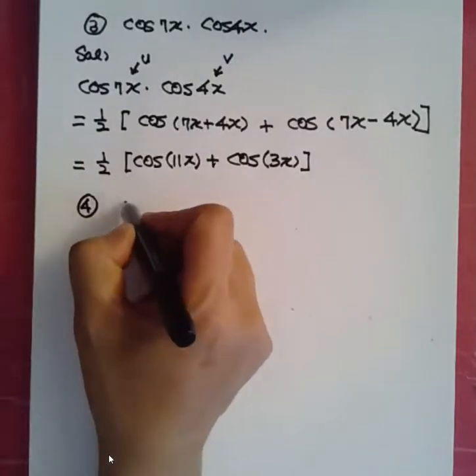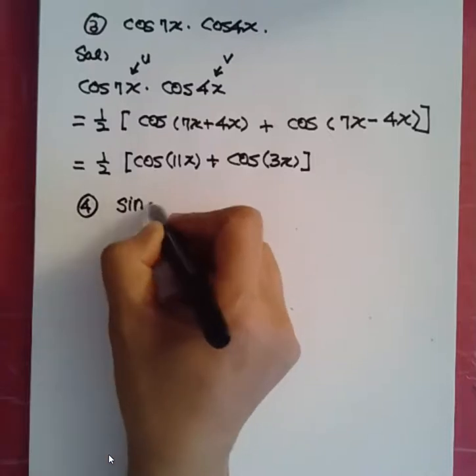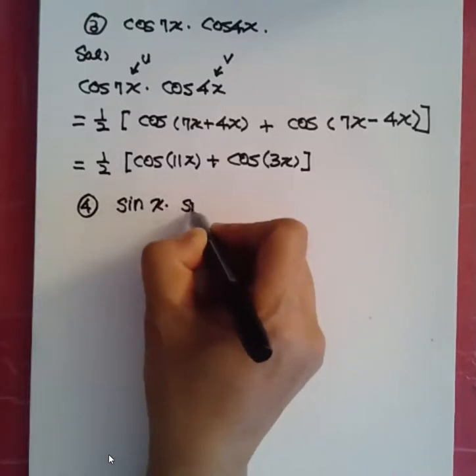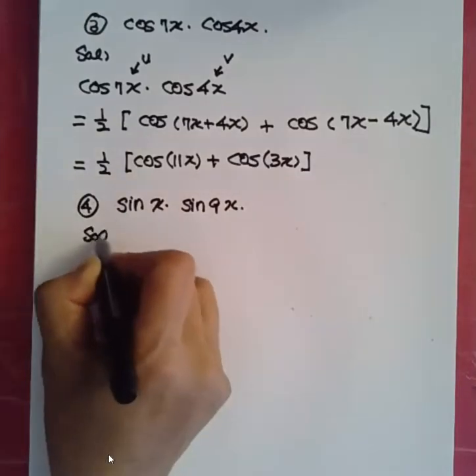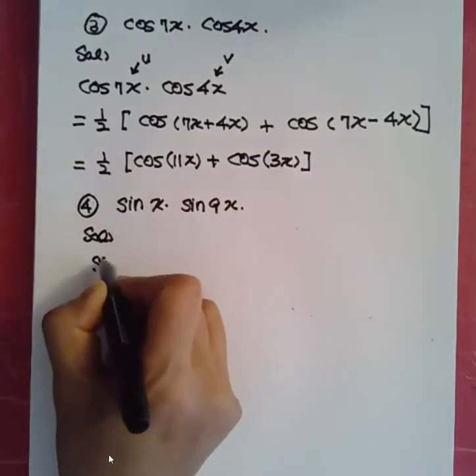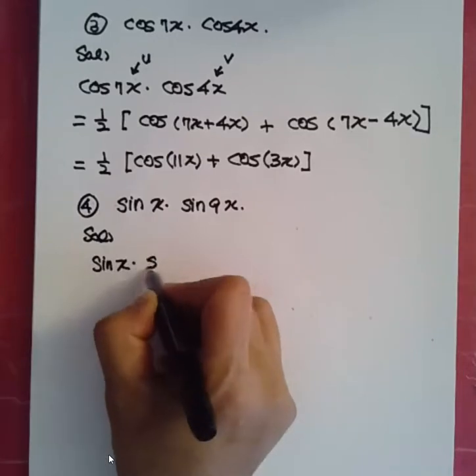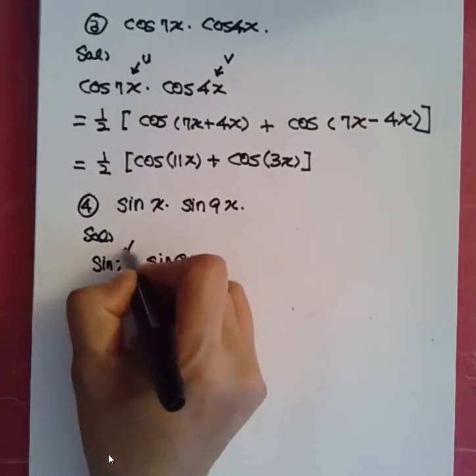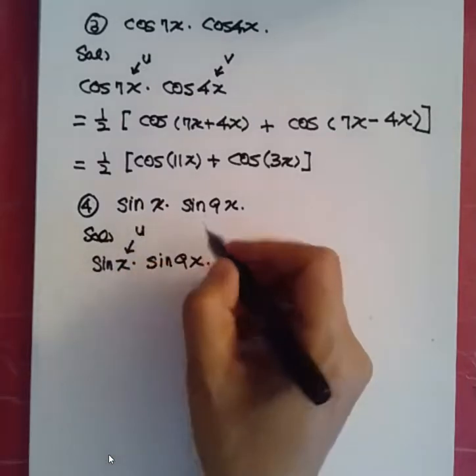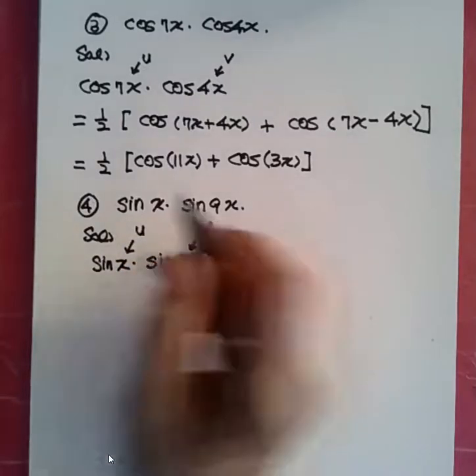The next problem is sine of x times sine of 9x. u is x and v is 9x.